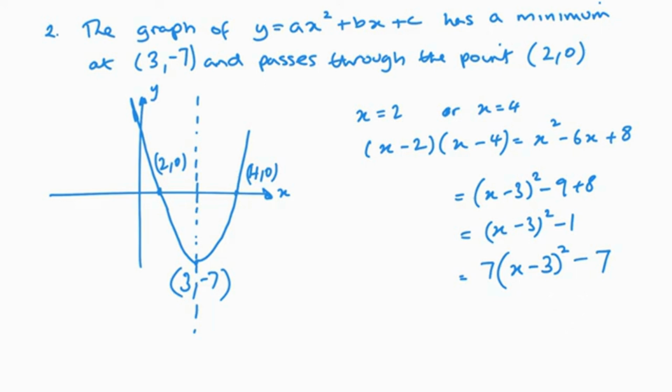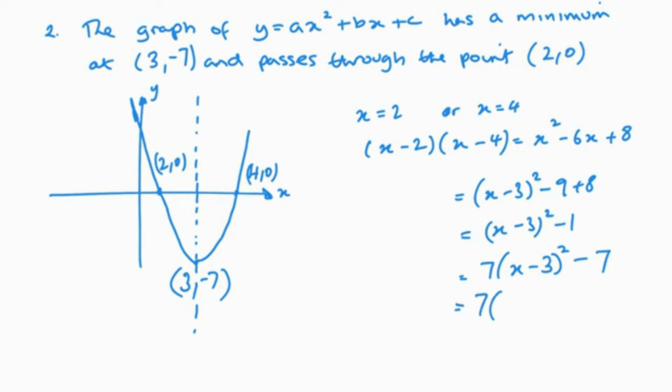Okay, so now I've got to this point. Let's work our way back up to the equation of the graph. So this is going to be, sorry, I'll just carry on in blue here, 7 brackets.